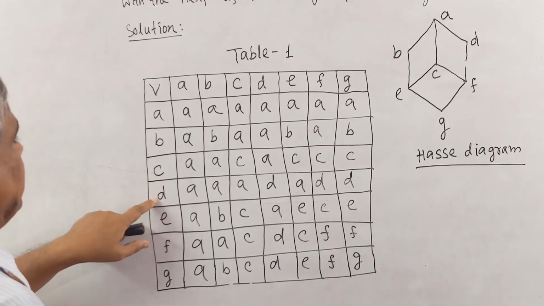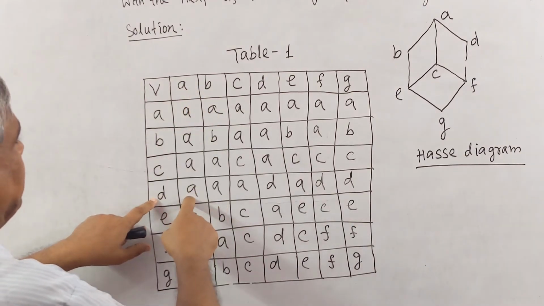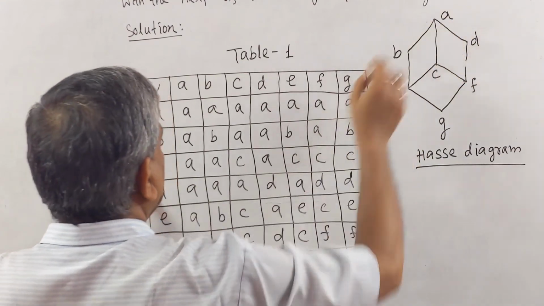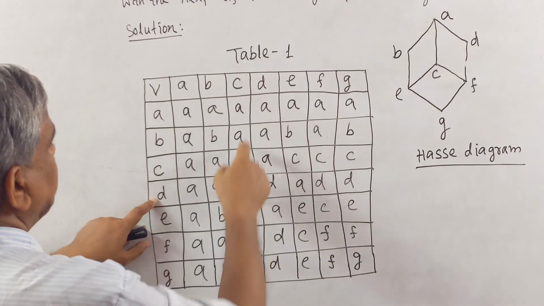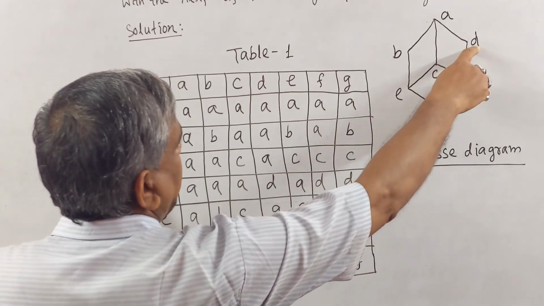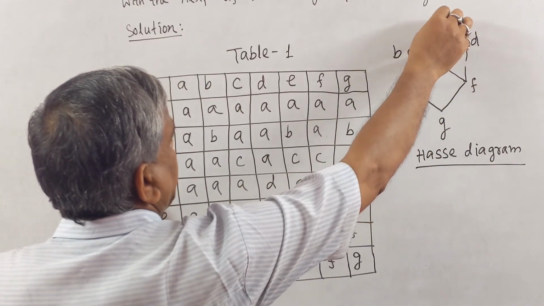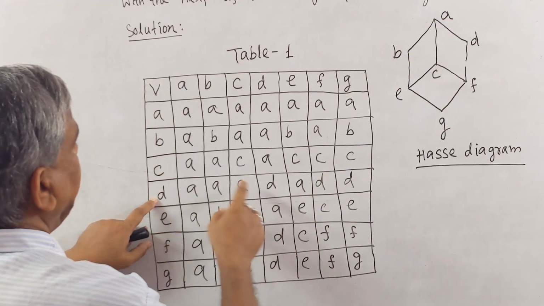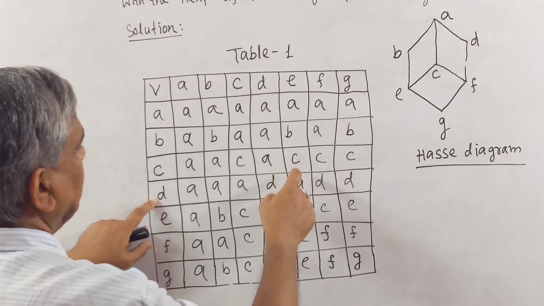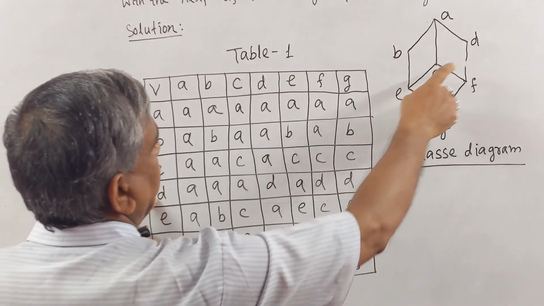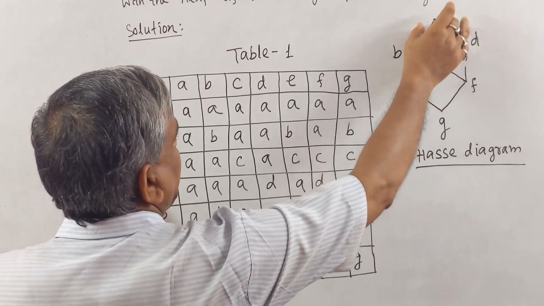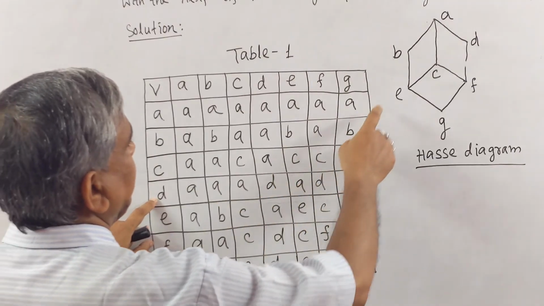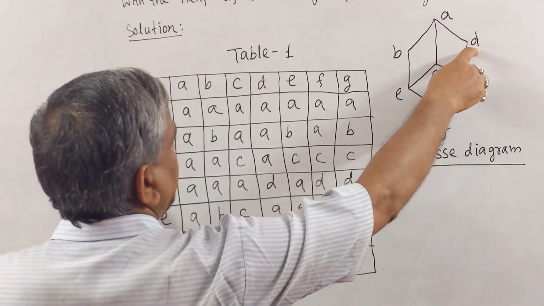Now we operate with D. D and A will be A. D and B will be A. D and C: the immediate upper position is A. So D and C is A. D and D is D. D and E: the immediate upper position is at A. D and F: D is on the upper position.